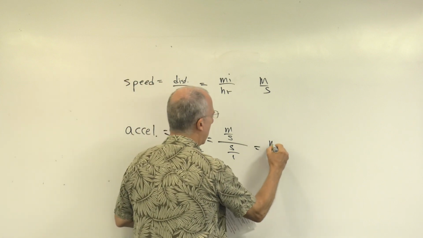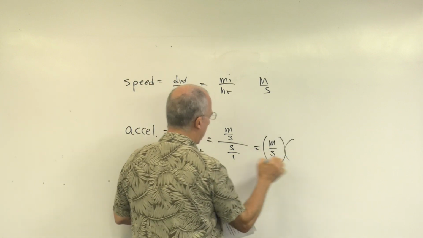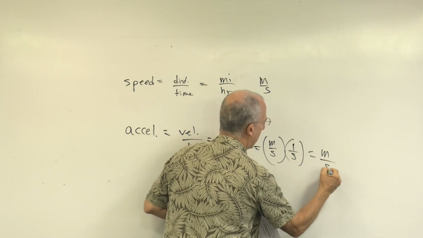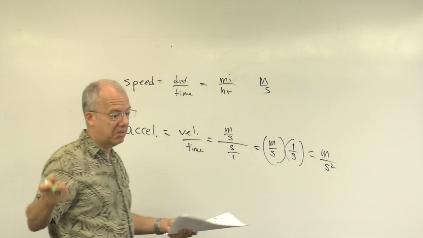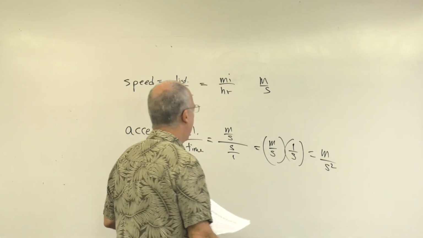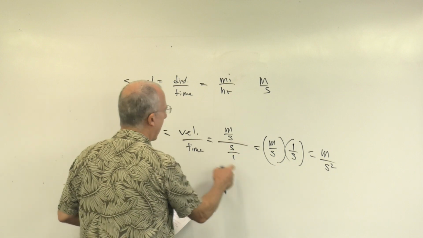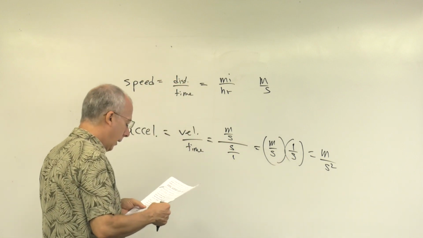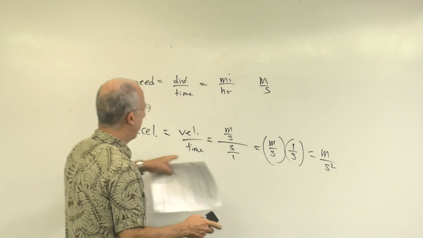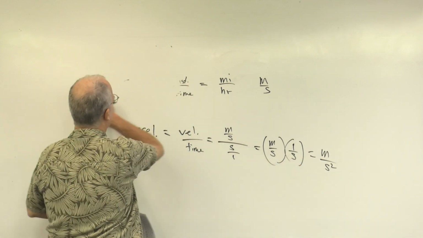So this is a meter per second multiplied by 1 over a second, which is a meter per second squared. Okay? So that's what it is. And again, when you're doing your homework, you always have to include your dimensions or your units.